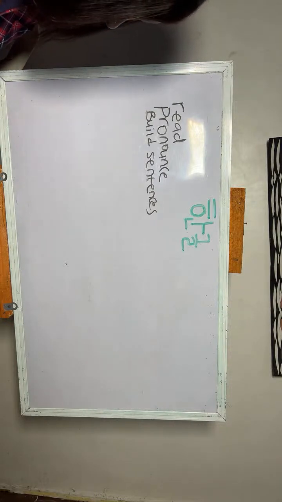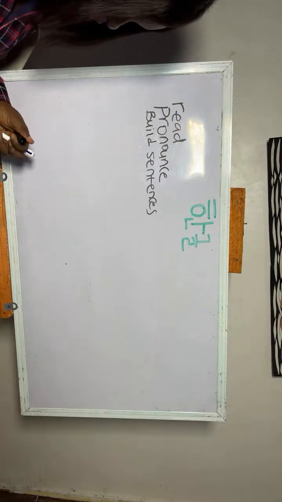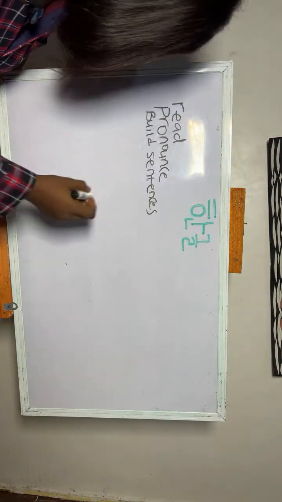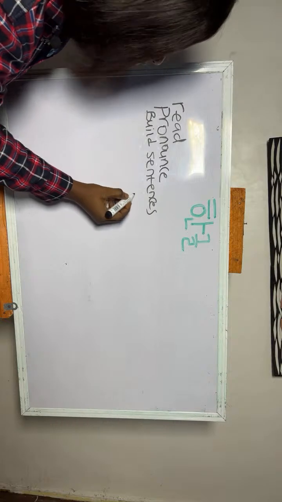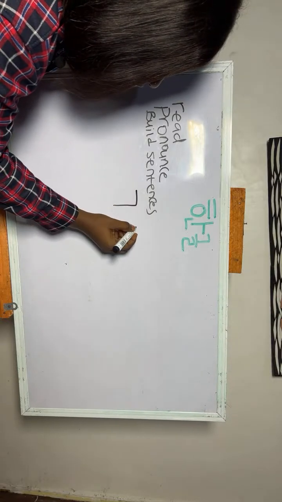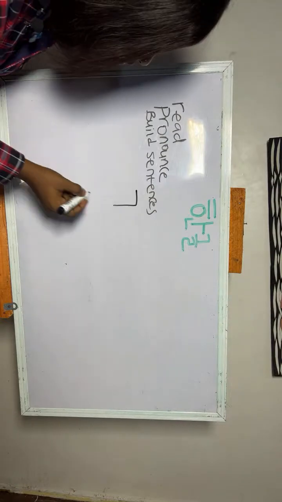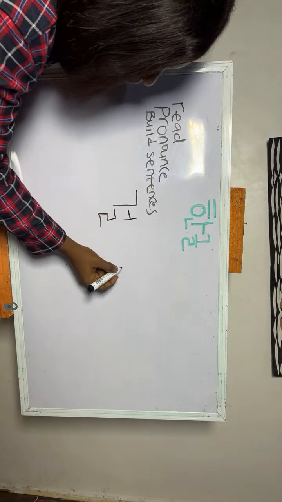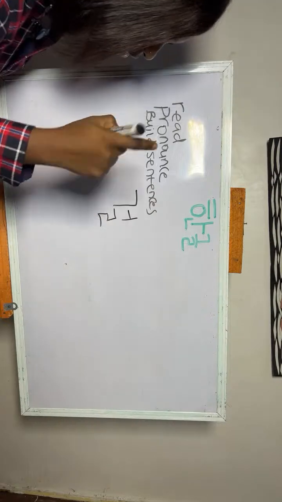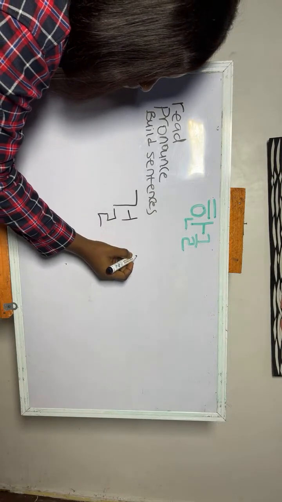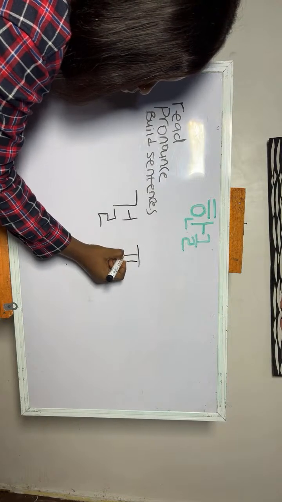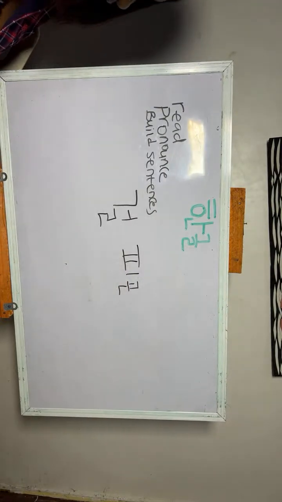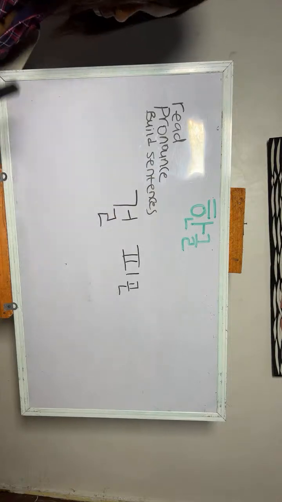So now let's get started. Let me start off with some of the consonants and the vowels we treated in the last class. You guys, I have 2 different things on the board.